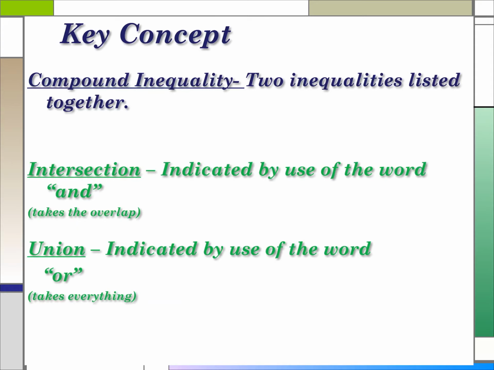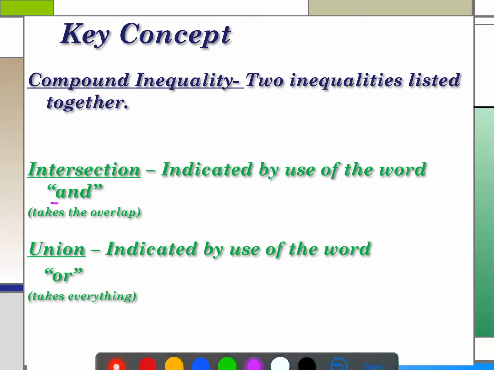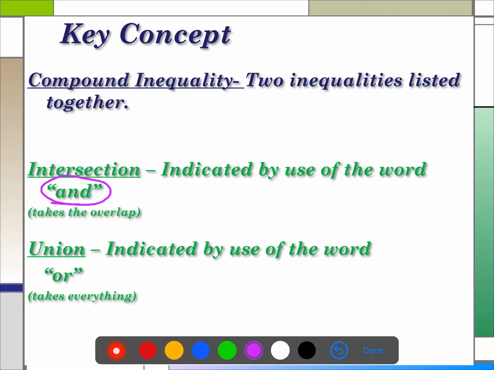One of them is called an intersection. We determine that that is the type of problem because there's a key word and written in your problem. And when you have an intersection and you graph, you're looking for the overlap of your 2 answers.